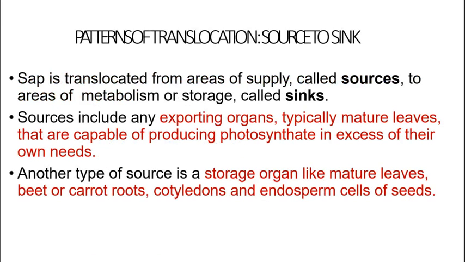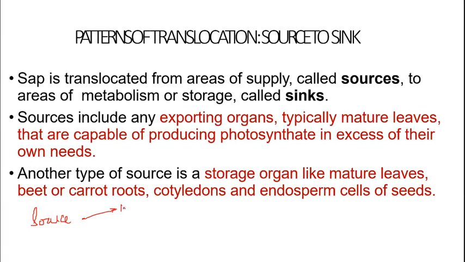So, the patterns of translocation from source to sink. We know that the food is synthesized in the source and transported to the sink, where it is utilized or stored. Sources include the exporting organs, typically mature leaves, which produce photosynthate in excess of their own needs. Sometimes the storage organs also serve as the source.